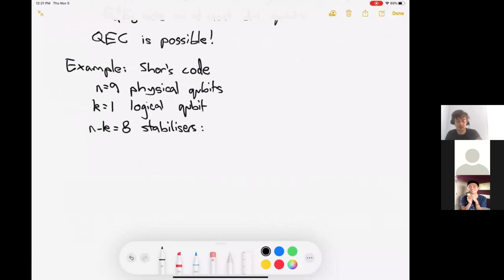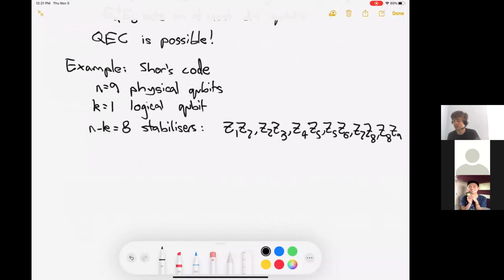So to correct the bit flips on the first 3 qubits, we measured Z1Z2 and Z2Z3. For the second 3 qubits, we measured Z4Z5 and Z5Z6. And for the last 3 qubits, we measured Z7Z8 and Z8Z9.